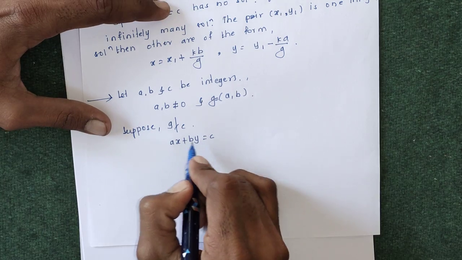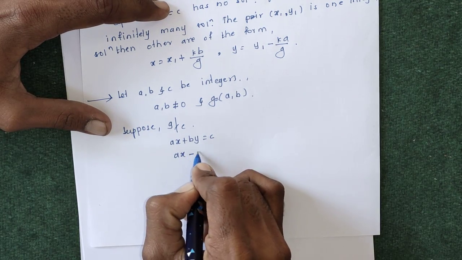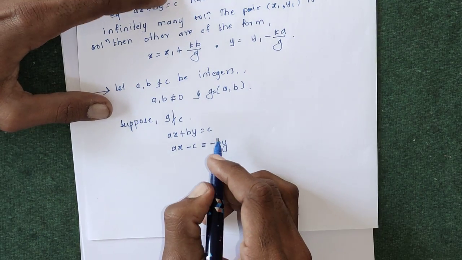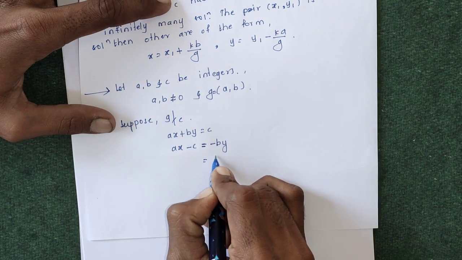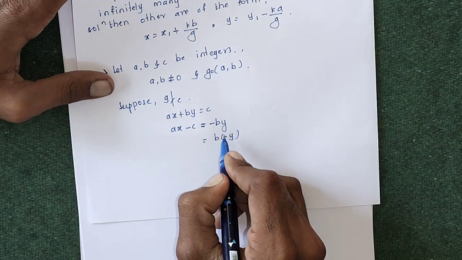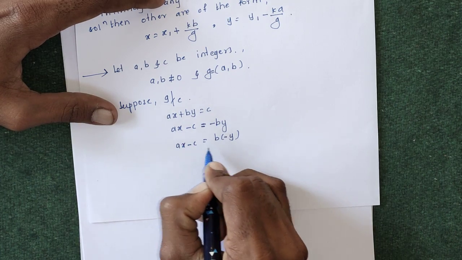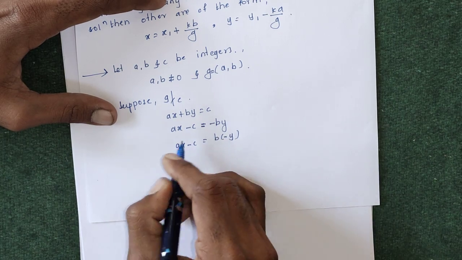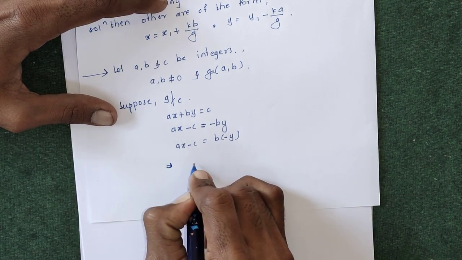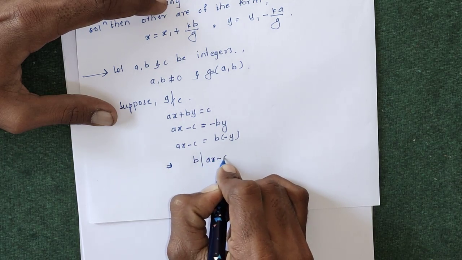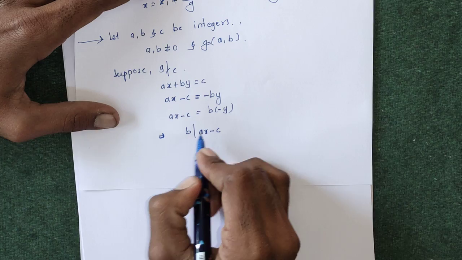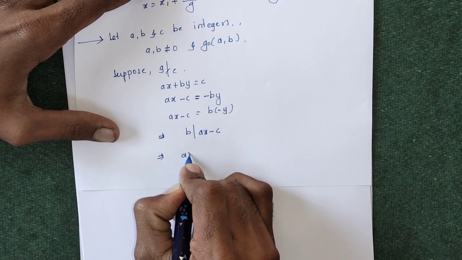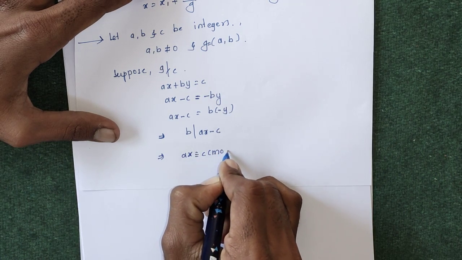We can rearrange this equation as Ax minus C is equal to minus By, and rewriting this as B into minus Y, this gives that B divides Ax minus C by the definition of divisibility, and by the definition of congruence we can write it as Ax is congruent to C under modulo B.